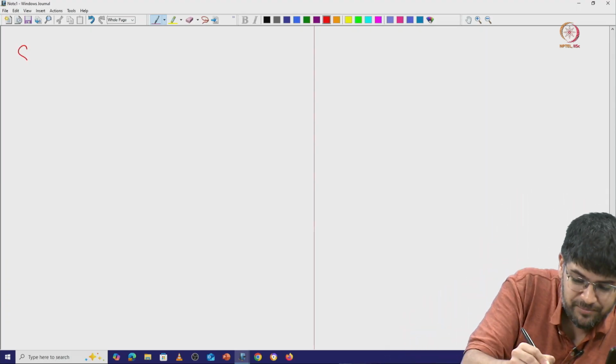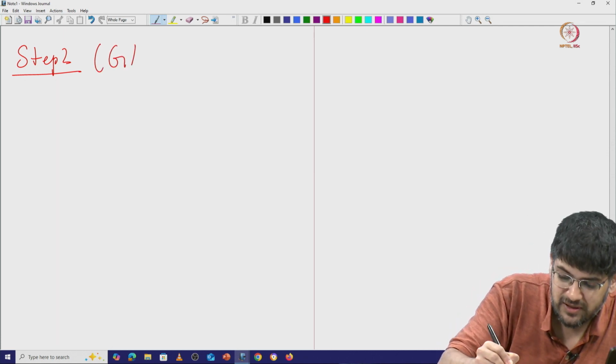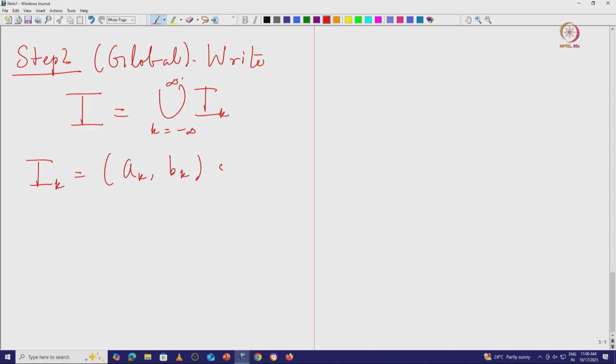So the second step is the more global step. For this we write I to be a union of these intervals Ik, where k could potentially go from minus infinity to infinity. We put Ik to be the interval (ak, bk) such that I want the following to be true.